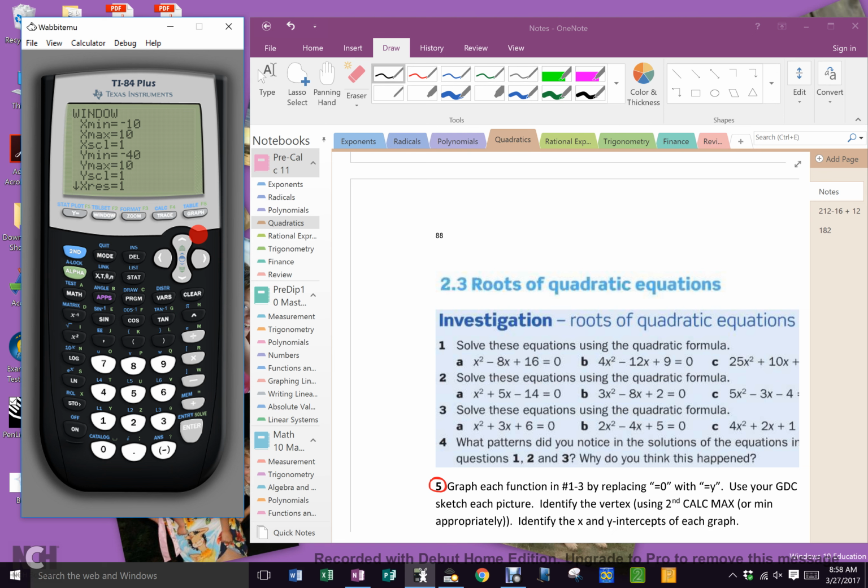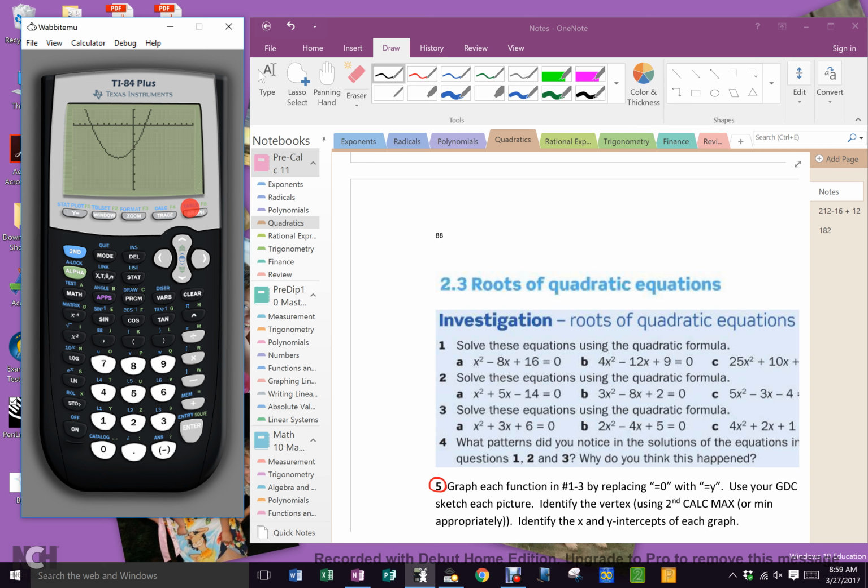So if we go down to minus 40 and I change the Y scale to 5, there's going to be 8 clicks going downwards. Does everybody understand that? Yeah? So I'm going to change this to 5, and then I'm going to regraph. Cool? Now I can see it.